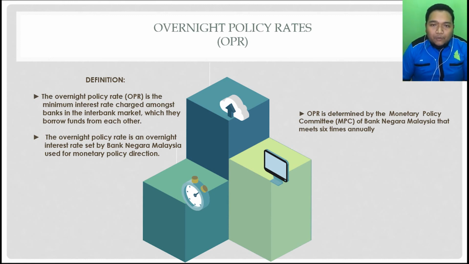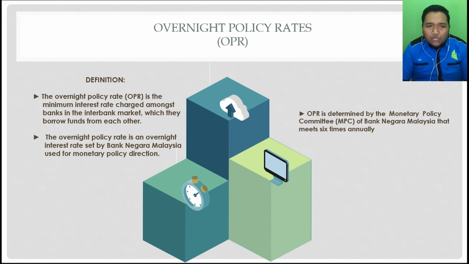Okay, we go to the first slide. What is the overnight policy rate, which means OPR? The overnight policy rate, OPR, is the minimum interest charged among banks in the interbank market, where they borrow funds from each other when a bank has a fund deficit to meet withdrawal demand from depositors.